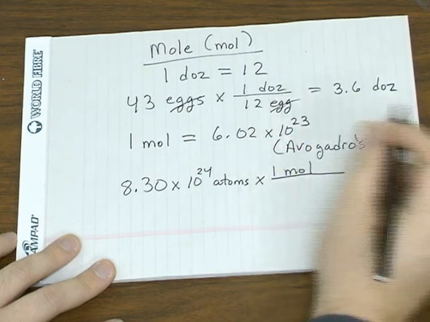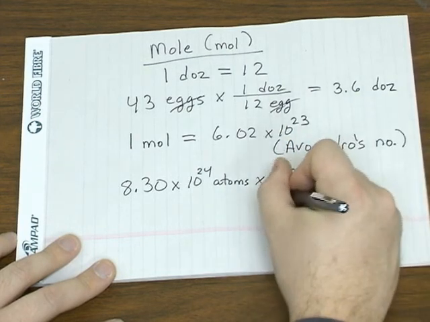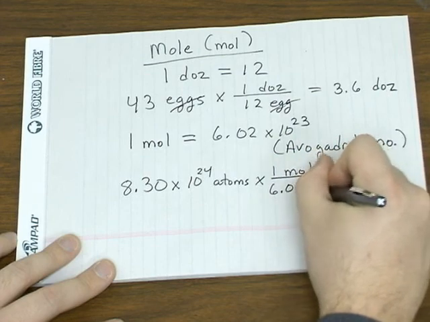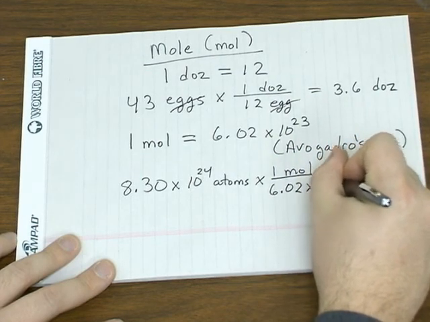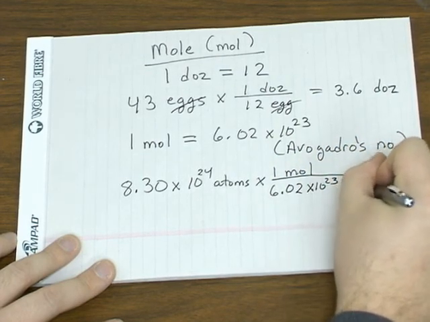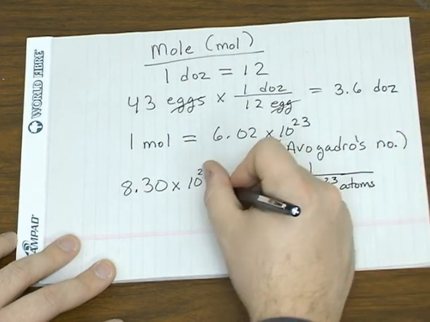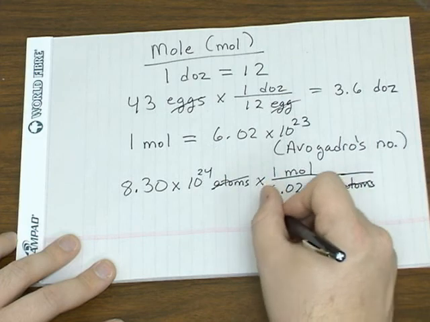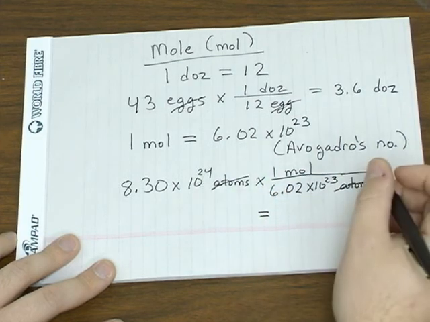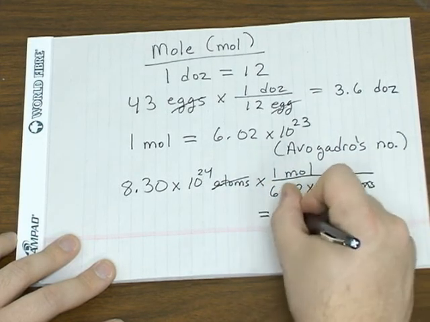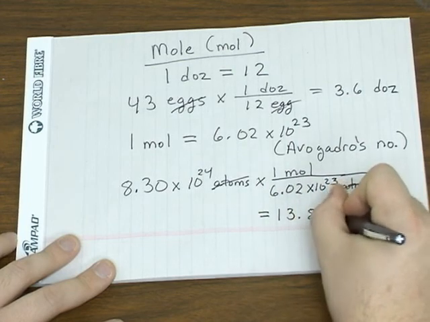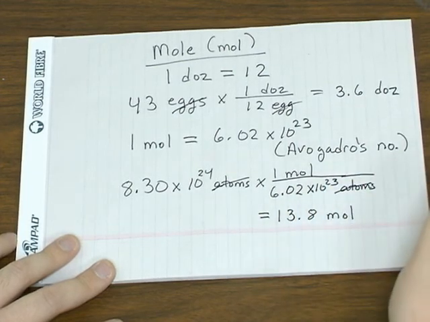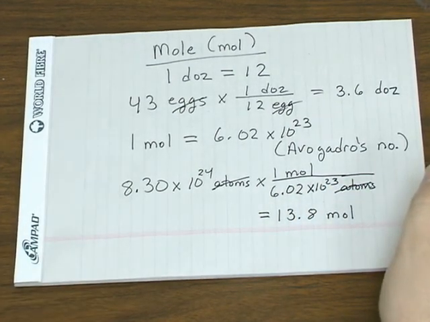If you've got a mole of atoms, or a mole of anything, you've got 6.02 times 10 to the 23 of those things. So we have 13.8 moles worth of atoms.